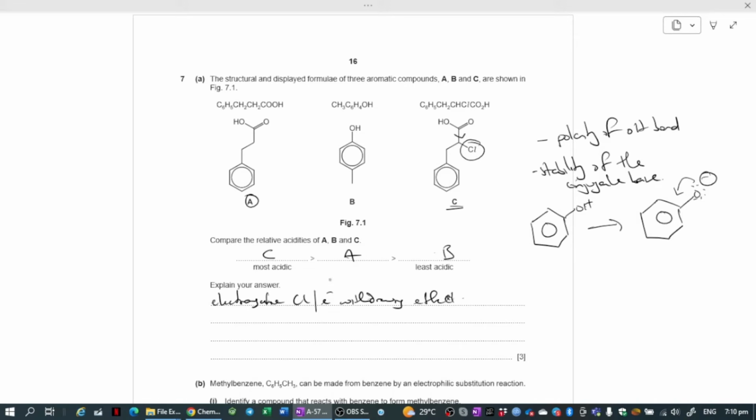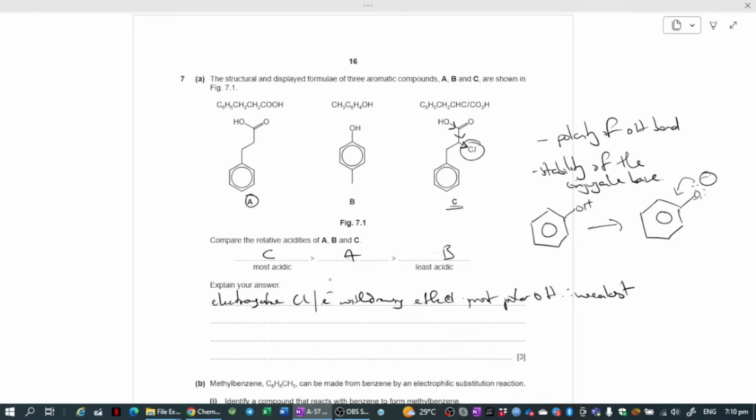It pulls electron density away from the OH bond, and this polarizes the OH bond. So it is the most polar OH bond, therefore it's the weakest OH bond. If it's a weak bond, it's easier to break, so the proton could become free in solution.